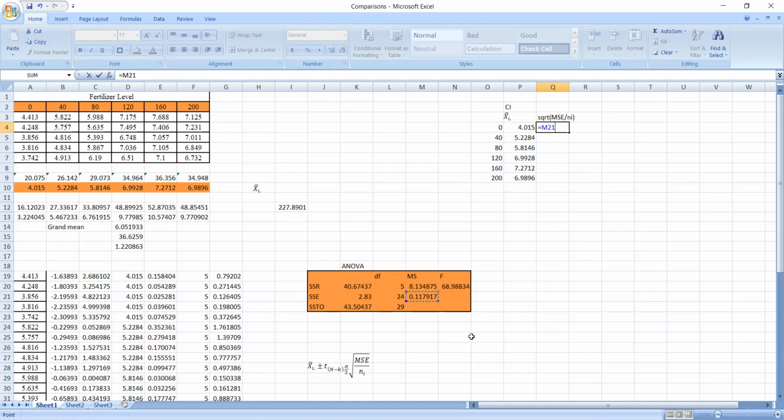In this case, we have already constructed the Anova table and the MSE value. So I'm going to take the MSE value and divide it by 5, because under each treatment we have 5 observations in this example, and then take the square root of this.